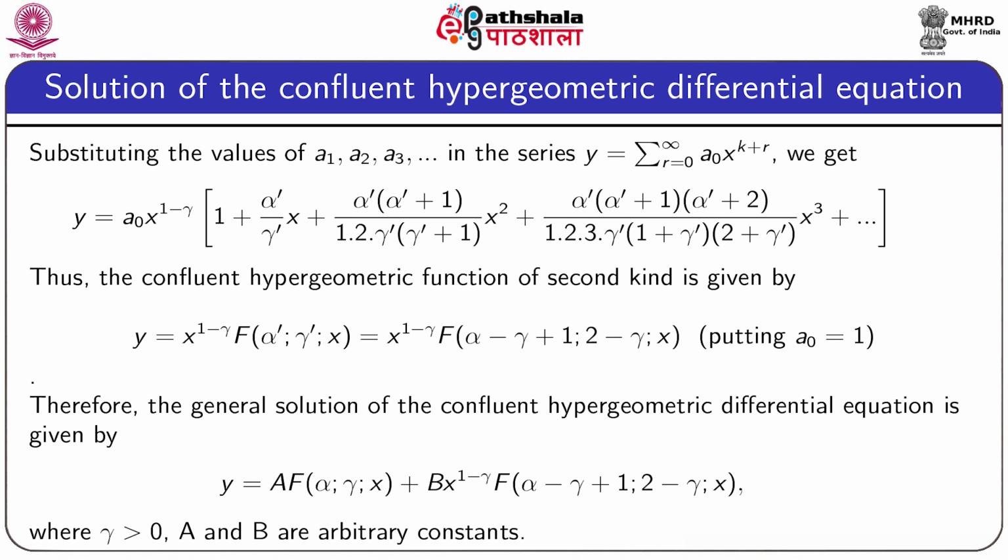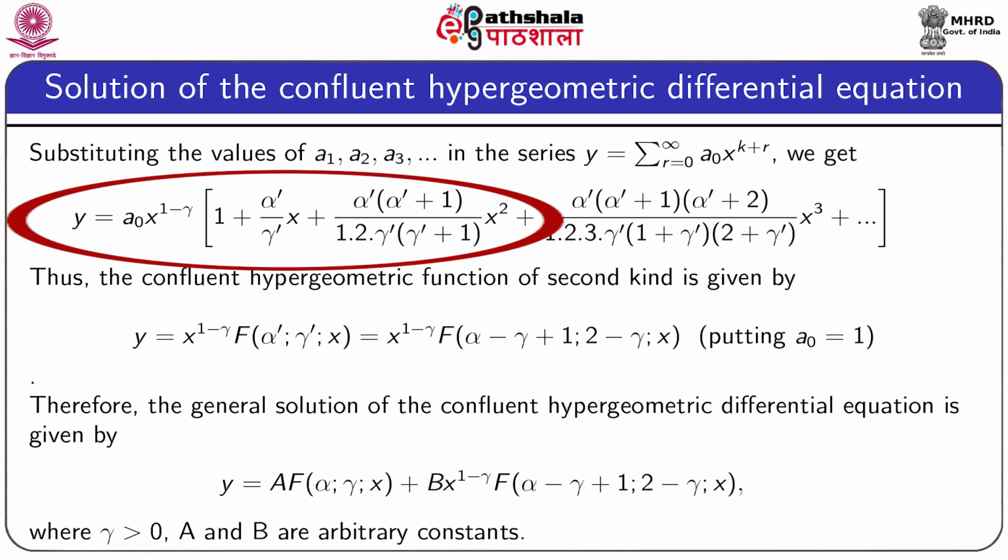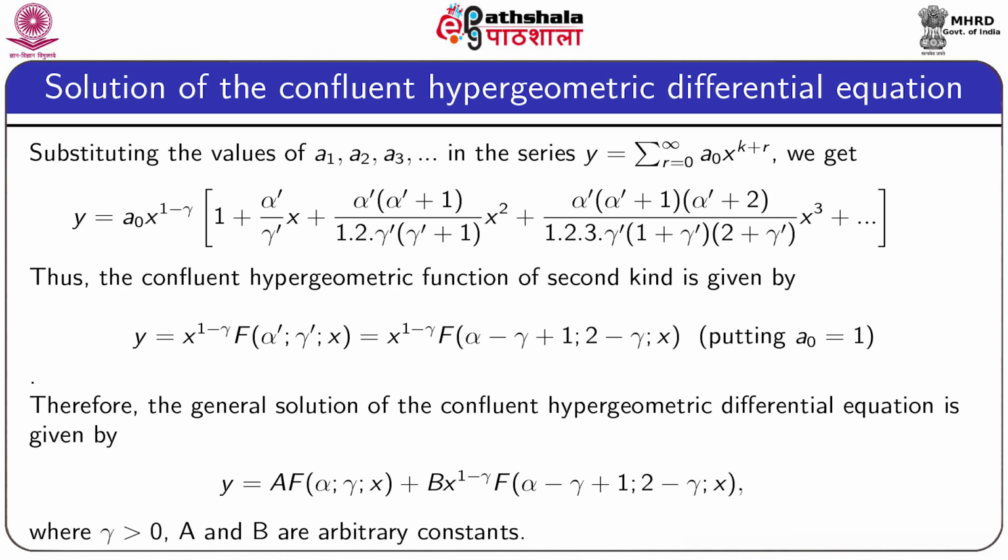Substituting the values of a1, a2, a3 in the series y equal to summation r equal to 0 to infinity a0 x to the power k plus r, we will get y equal to a0 x to the power 1 minus gamma into 1 plus alpha dash by gamma dash into x plus alpha dash into alpha dash plus 1 divided by 1 dot 2 gamma dash into gamma dash plus 1 x square plus alpha dash into alpha dash plus 1 into alpha dash plus 2 divided by 1 dot 2 dot 3 gamma dash 1 plus gamma dash 2 plus gamma dash into x cube plus dot dot dot.